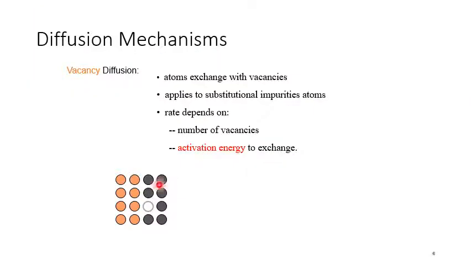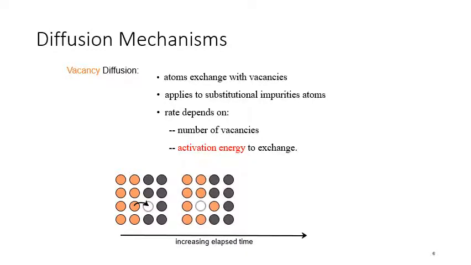This is what vacancy diffusion looks like. Here is a plane of atoms, and the white color is a vacancy. Now what will happen? When enough energy is available, this atom can migrate here. When it migrates, it leaves behind one vacancy here, and like that it can continue here also.